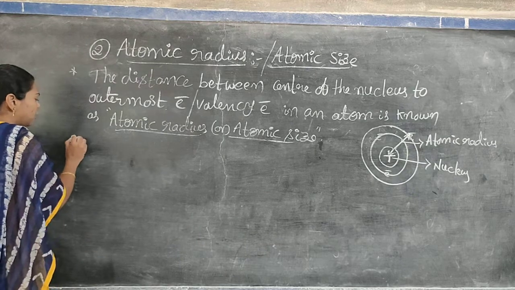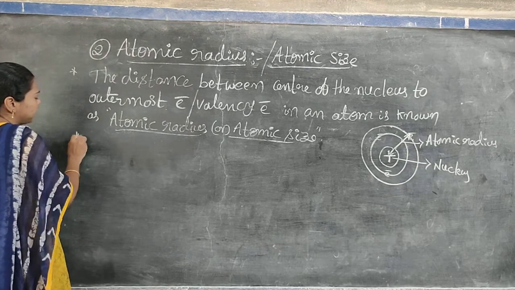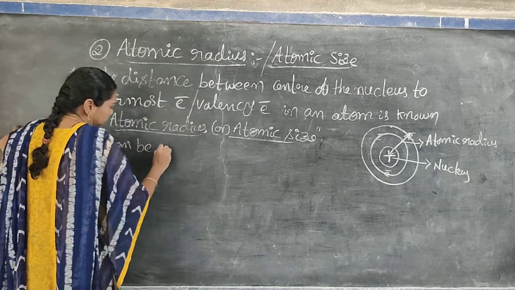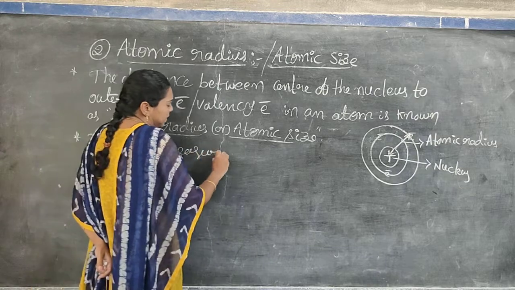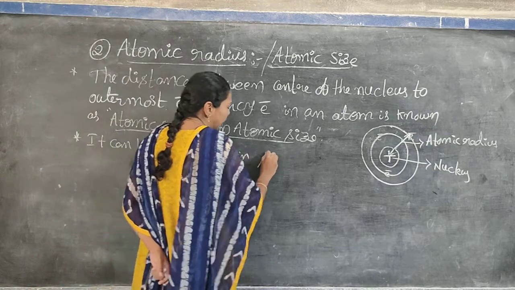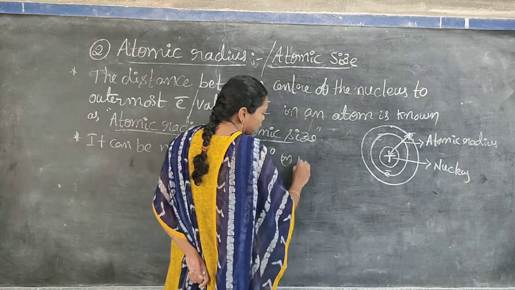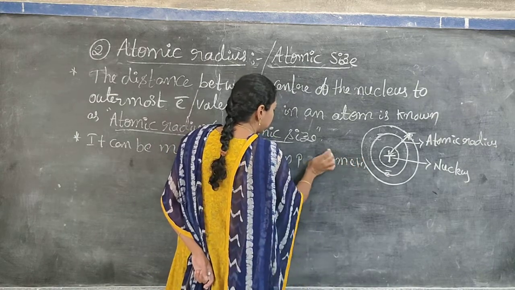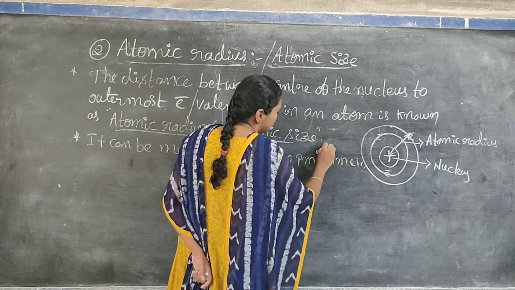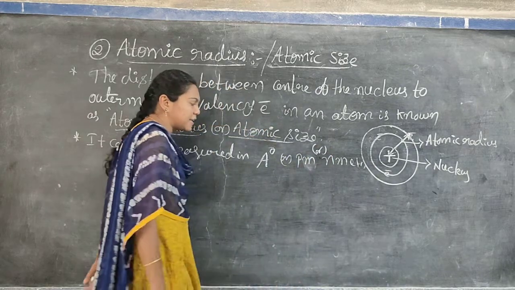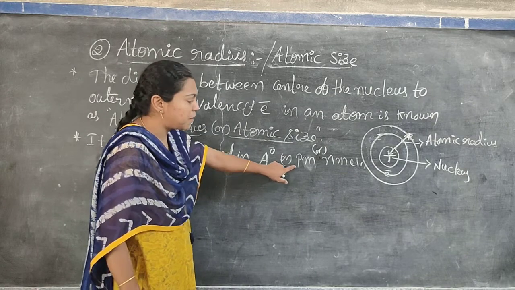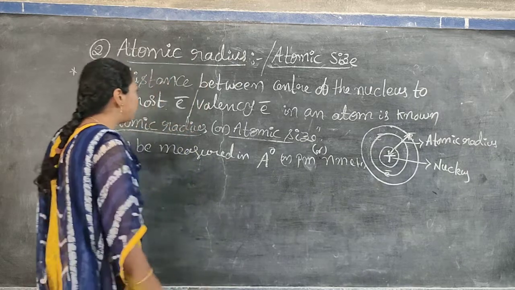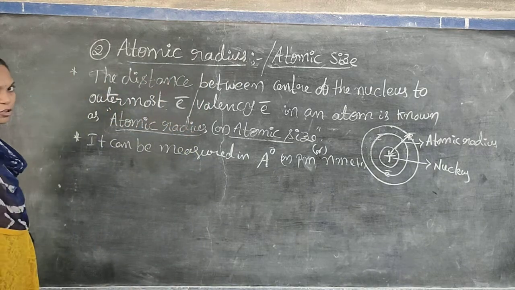Atomic radius can be measured in angstrom units, or picometers, or nanometers, and so on. PM means picometers, NM means nanometers. These are the units for atomic radius or atomic size.